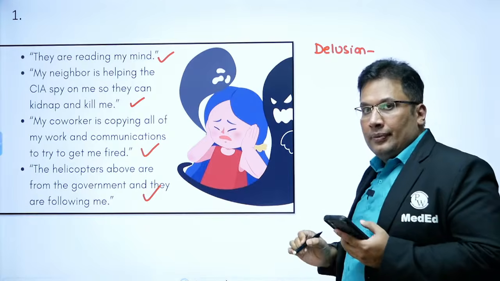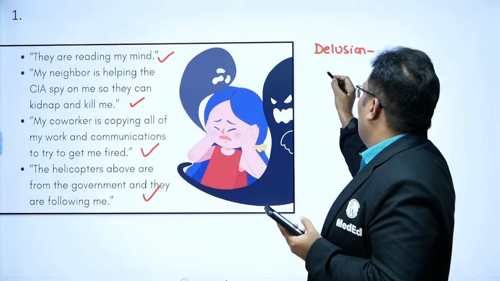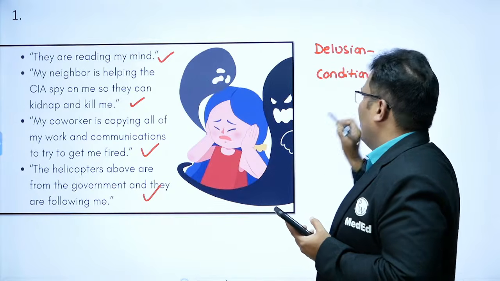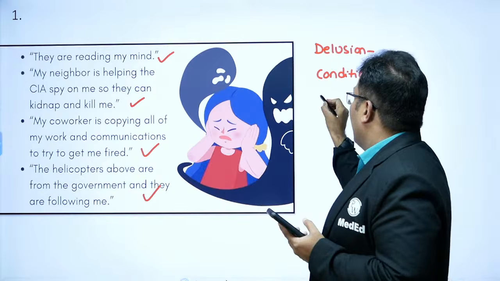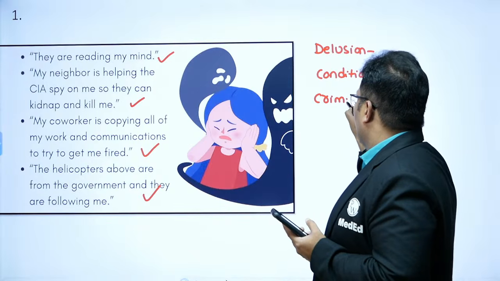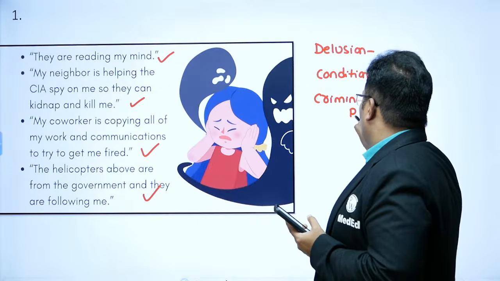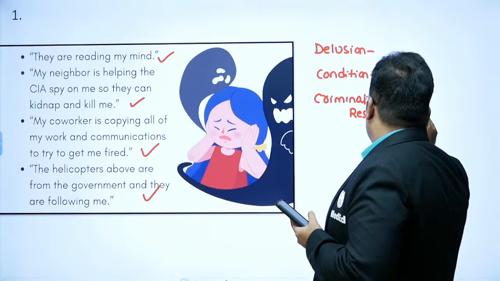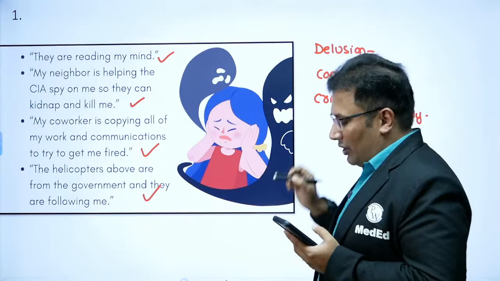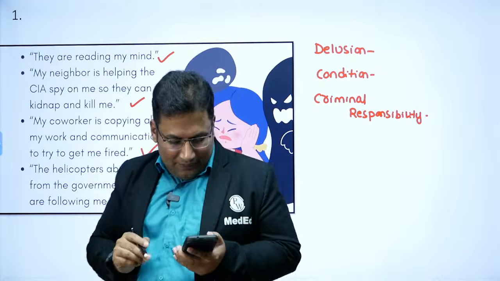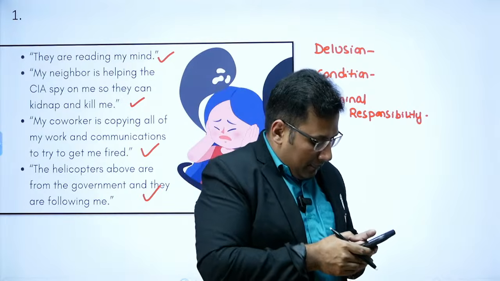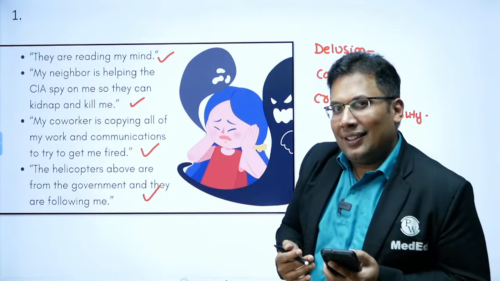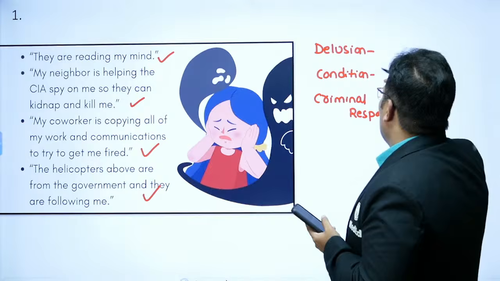Point number one. Point number two, can I name one condition in which it is commonly seen? Point number three, criminal responsibility. So now three questions for you. You just try to answer one by one. So this type of delusion is known as delusion of persecution.